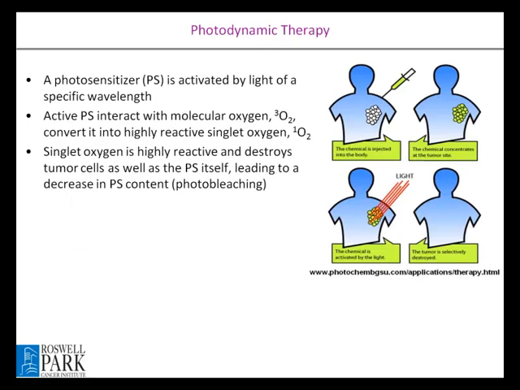So just a brief introduction to PDT therapy. We inject the photosensitizer that is activated at a specific wavelength for that particular photosensitizer, and it interacts with the molecular oxygen and creates reactive singlet oxygen, and this singlet oxygen kills the cells.